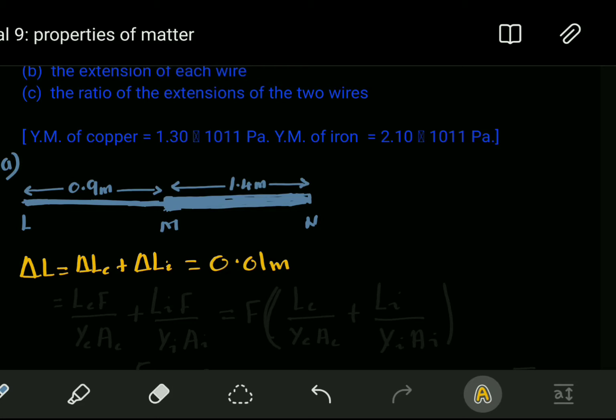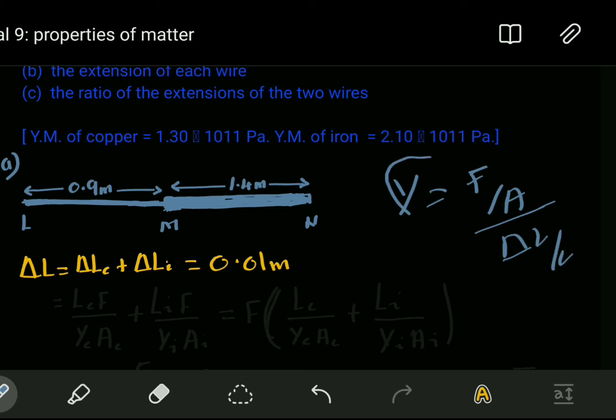Again, we note that we have this expression of Young's modulus equals force over area divided by the change in length over the original length. From this expression we can obtain the expression for the elongation.